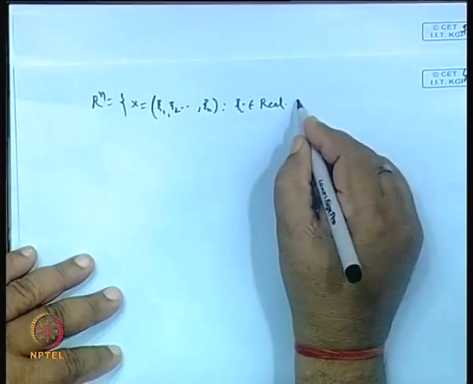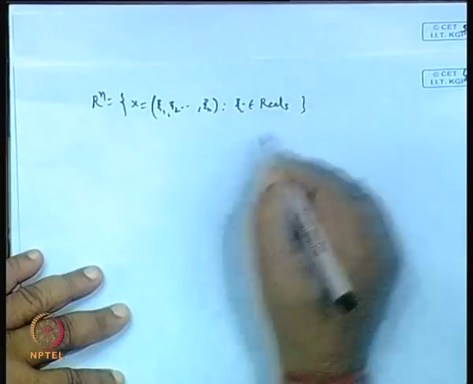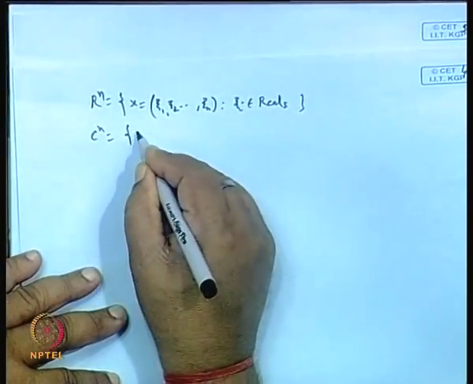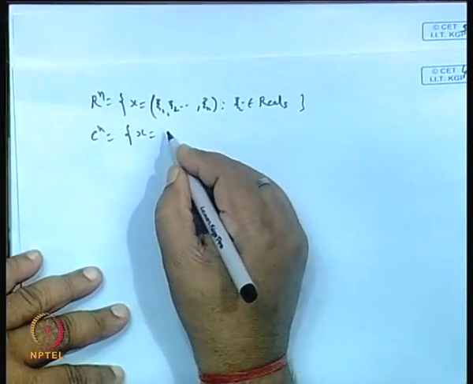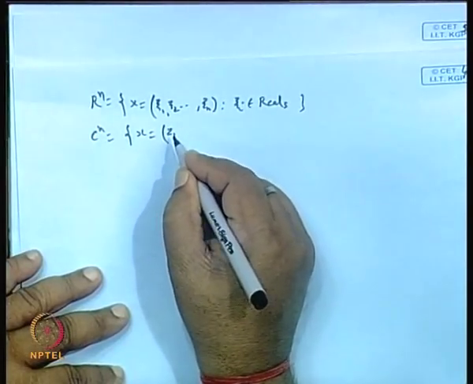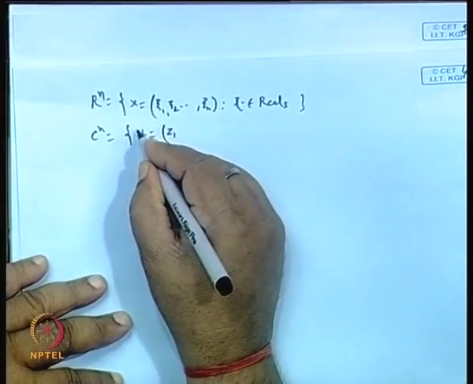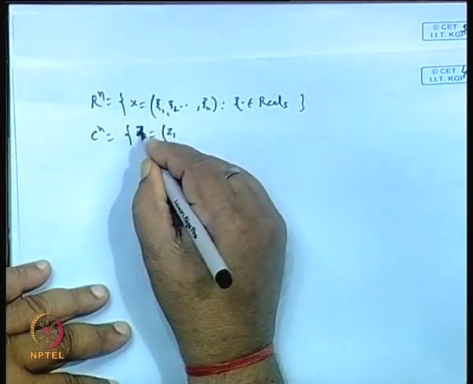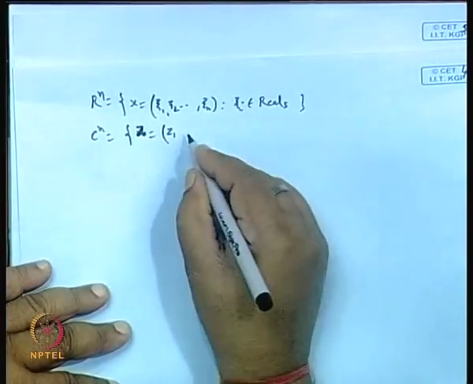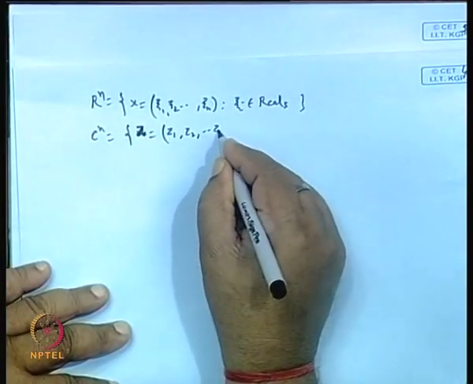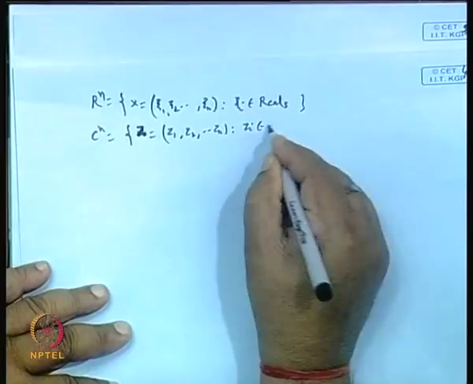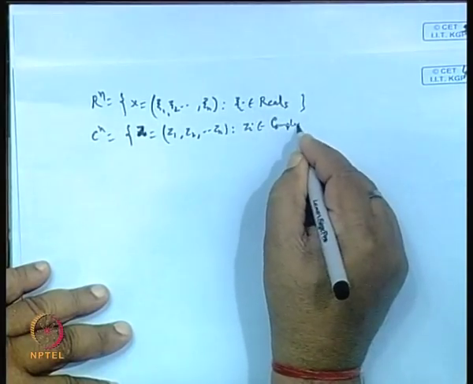And Cn is the set of all Z1, Z2, up to Zn, where the Zi's are complex numbers.